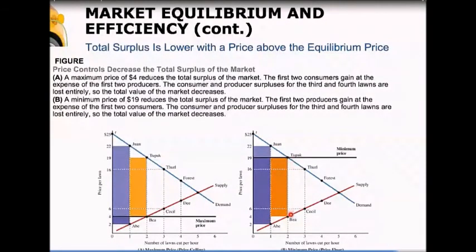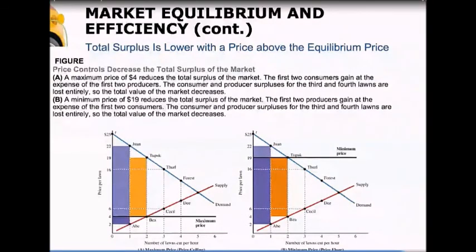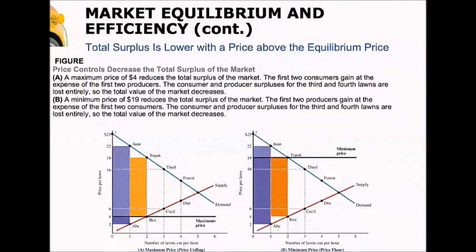And all these services out here that used to be produced for Thurl and Forrest and by Cecil and D don't exist anymore, so we have some lost surplus. So when we look at the total surplus, it's lower in a market where we have either a minimum or a maximum price than it was at equilibrium.